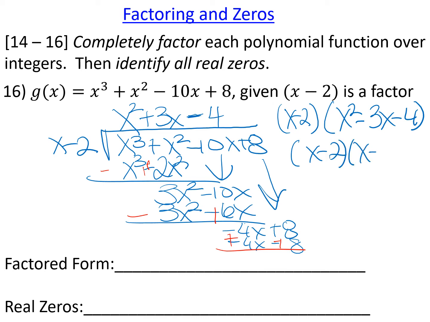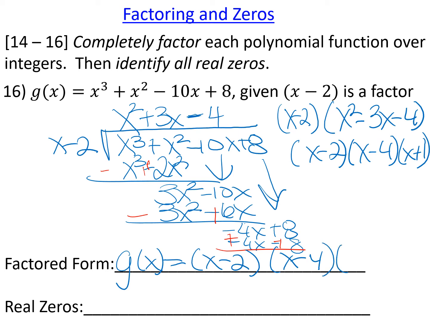I'm going to have x minus 4, x plus 1. Don't forget to check your factoring. Okay, giving me a final factored form of g of x is equal to x minus 2, x minus 4, x plus 1, giving me x-intercepts of -1, 2, and 4. Final answers.